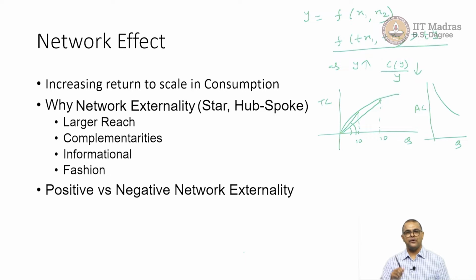So should you have one factory employing 100 people, or should you have 100 factories, meaning each person should have his or her own factory? Which would be better? Because remember, if you have 100 factories, each will produce one unit.